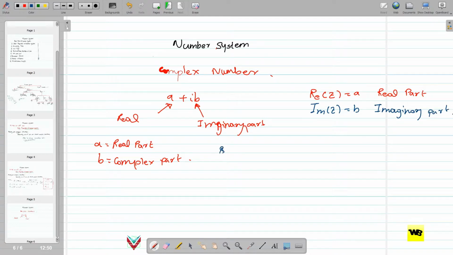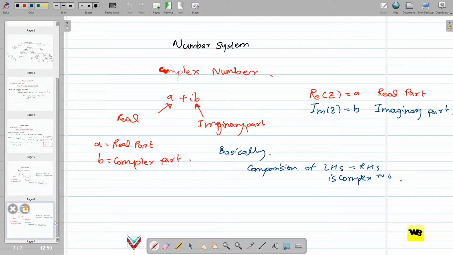Basically, for complex numbers, we are just comparing the left hand side and right hand side. Let's see one example.